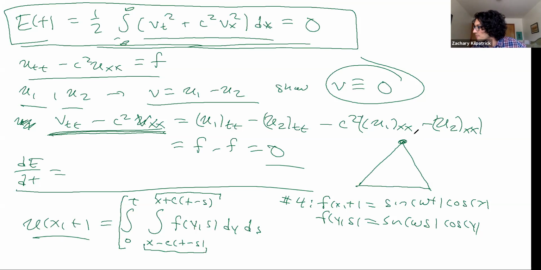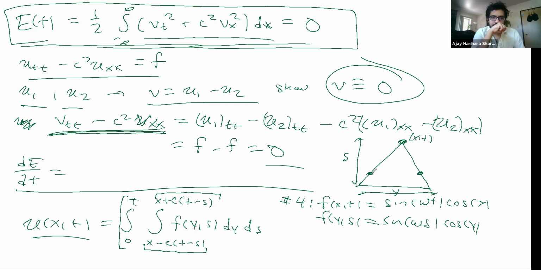So this is just how you define it. If I have some point x, t here, and I think of this as going along s and this as my y, these limits are just corresponding to points along this triangle that determines the domain of dependence, right?